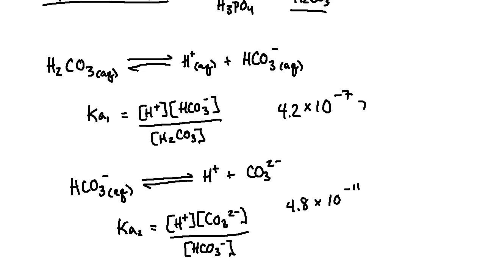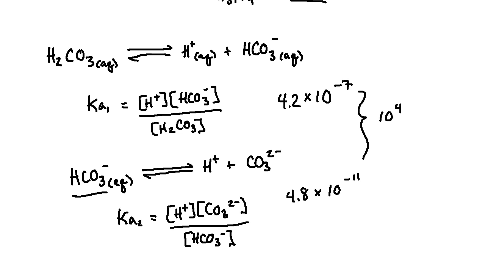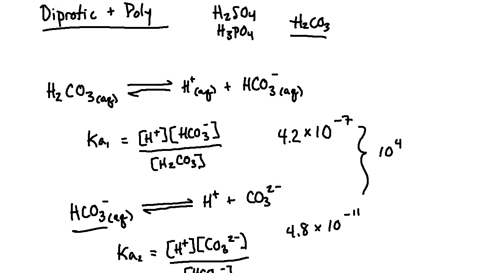If you look at the difference here, it's an approximate difference of 10 to the 4th, which is 10,000. So the proton is 10,000 times less acidic in that second removal process when you get to the HCO3 minus. Okay? So keep that in mind when we're dealing with diprotic and polyprotic acids.